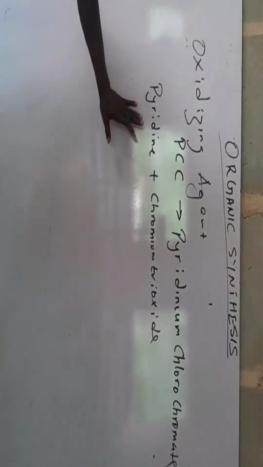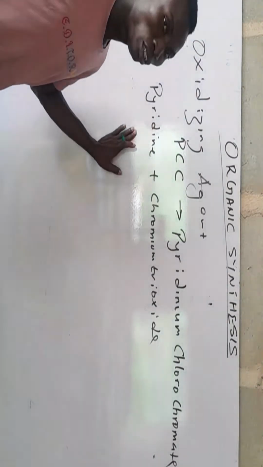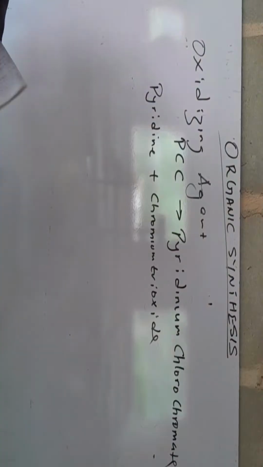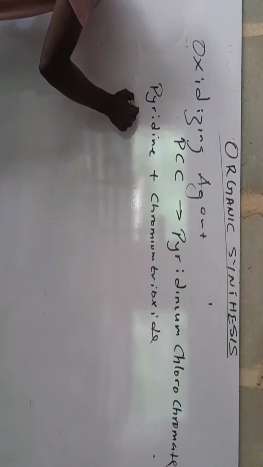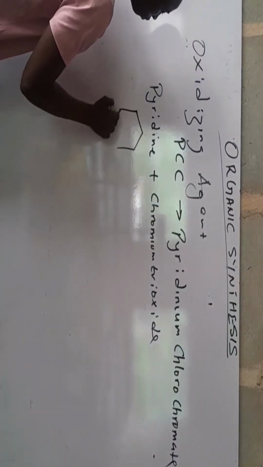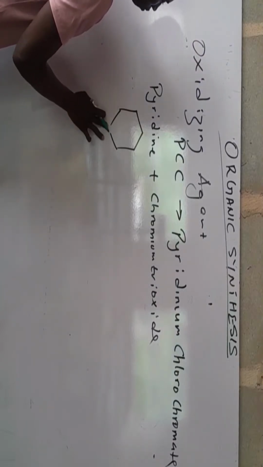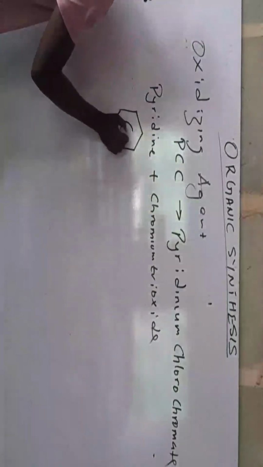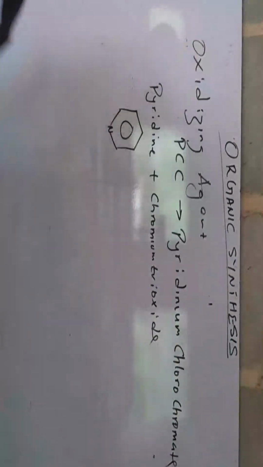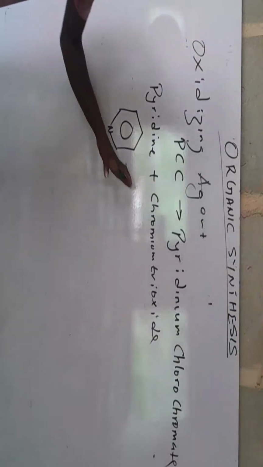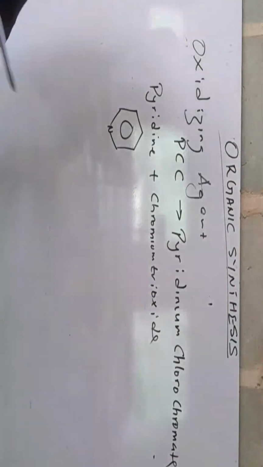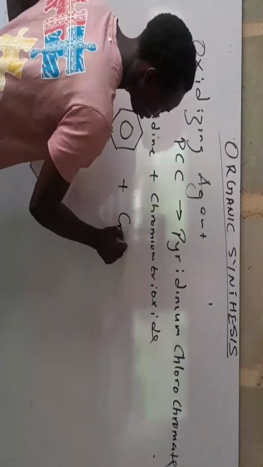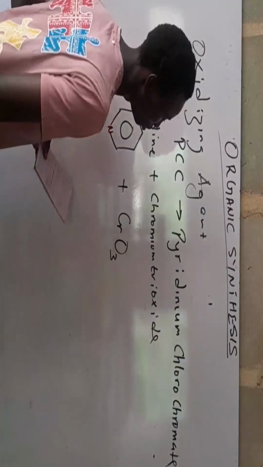So for the preparation, we react pyridine together with chromium trioxide. I believe you know the structure of this one here, just have our N in this place, case closed in the court of law. So that's standing in the position of the pyridine. Plus the chromium trioxide, CrO3.